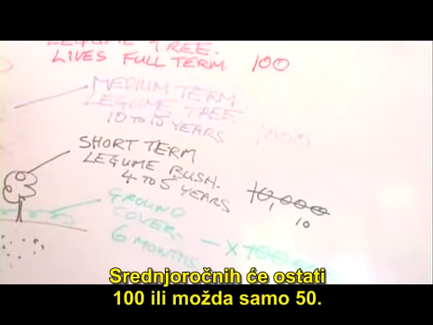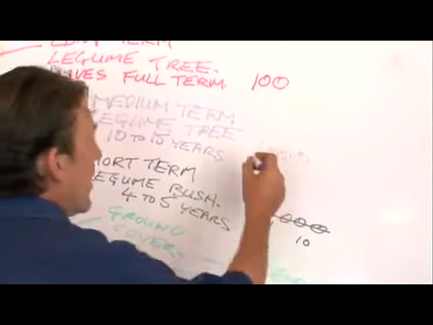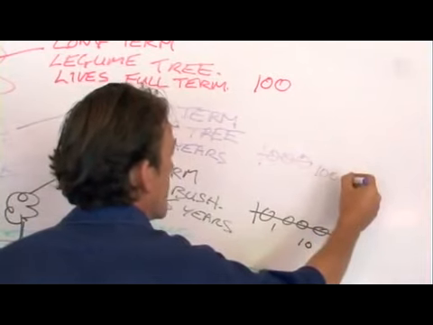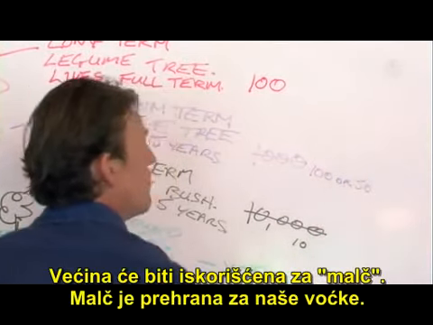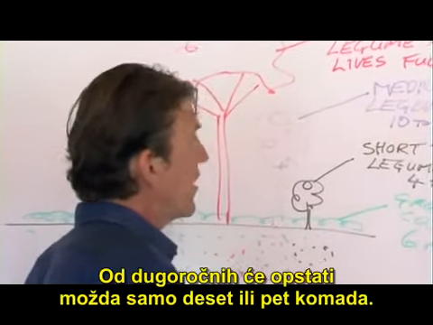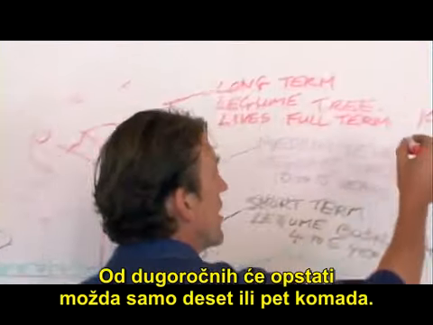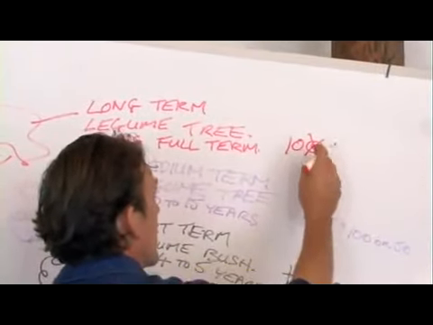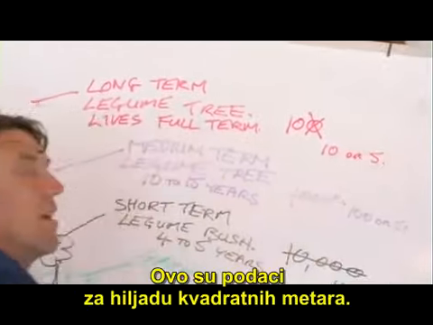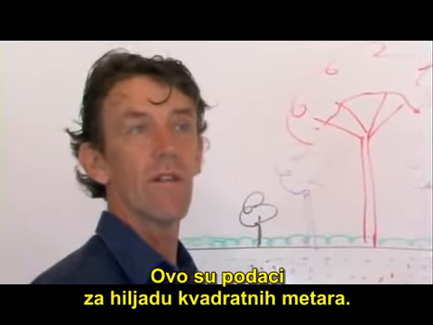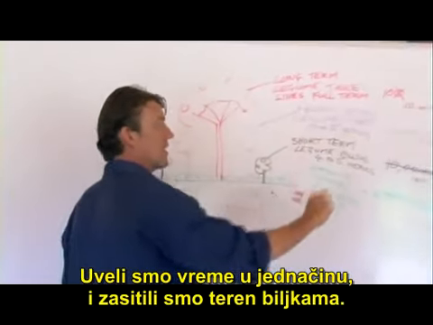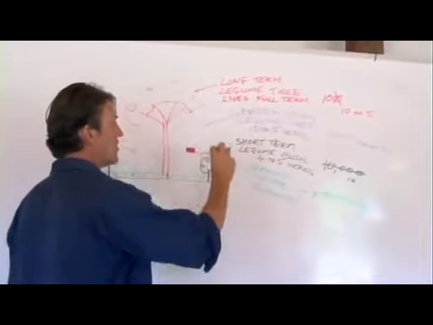With the medium-term legume trees, there's maybe 100, maybe only 50, and most of them have been used for mulch. And of the long-term legume trees, there's probably only 10 left. Just 10, or maybe even just 5. And that's over 1,000 square meters, if you're relating it to size. So they have time-stacked out of the equation. We have overstacked the ground.